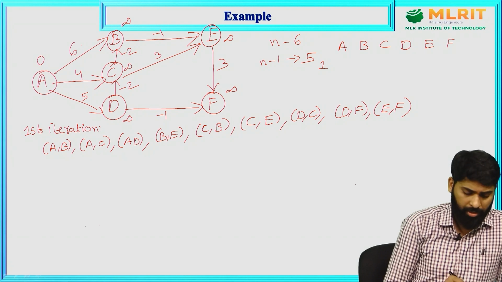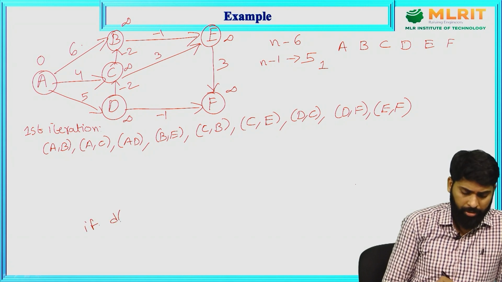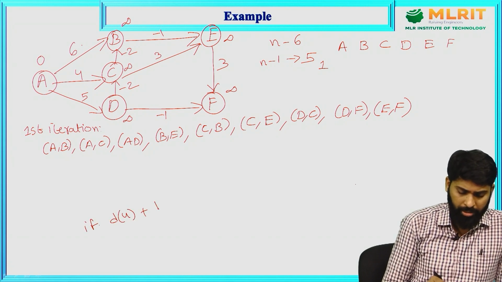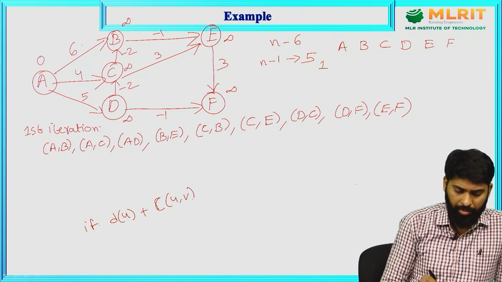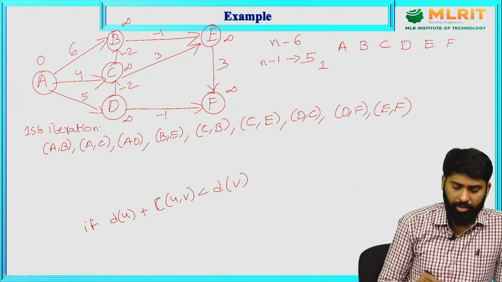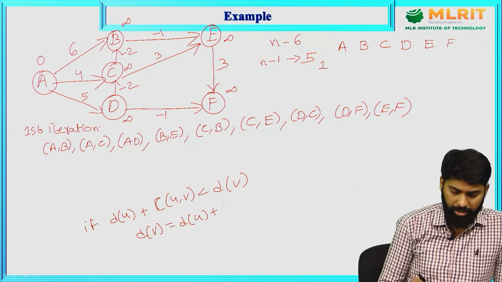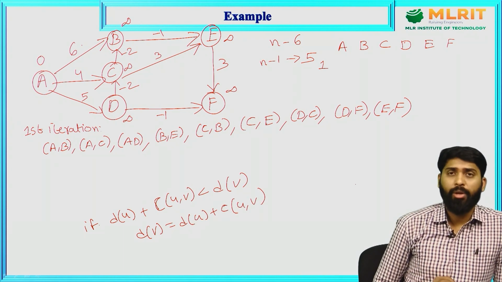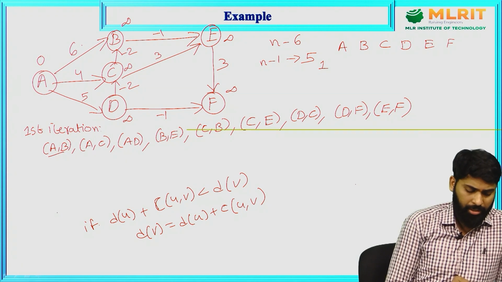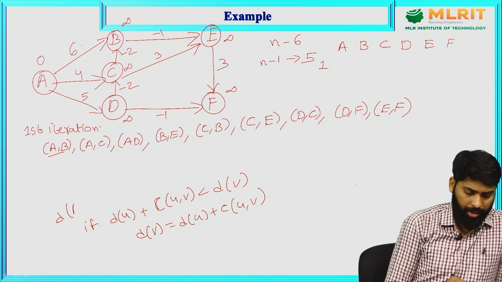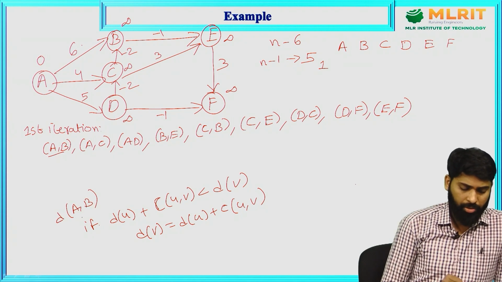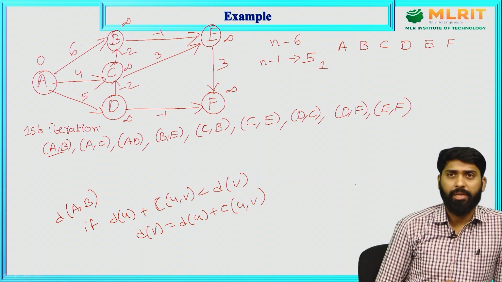The condition is the same. If D of U plus cost of U comma V is less than distance of V, then distance of V equals distance of U plus cost of U comma V. Now AB means distance of A comma B. Now U is A, V is B. Okay.